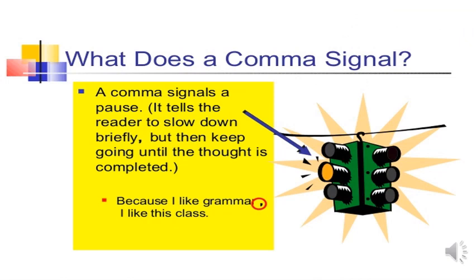What does a comma signal? A comma signals a pause. It tells the reader to slow down briefly but then keep going until the thought is completed. Example: because I like grammar, comma, I like this class.